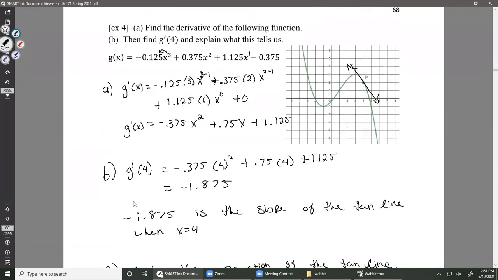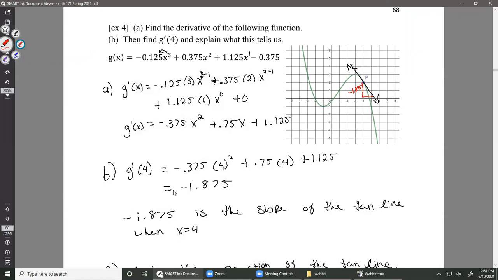So the tangent line is this black line I drew. And we have negative 1.875 as that slope. So down 1.875 over 1.